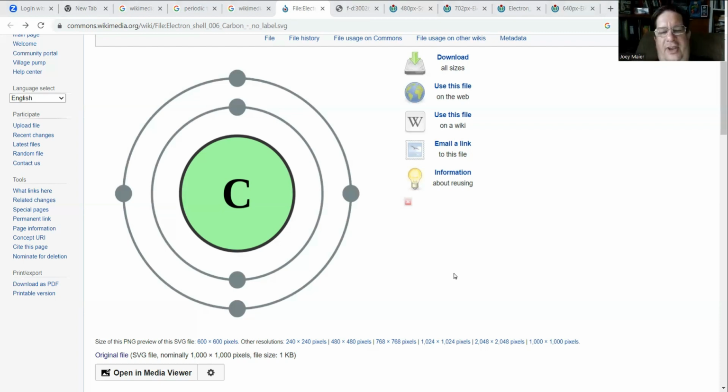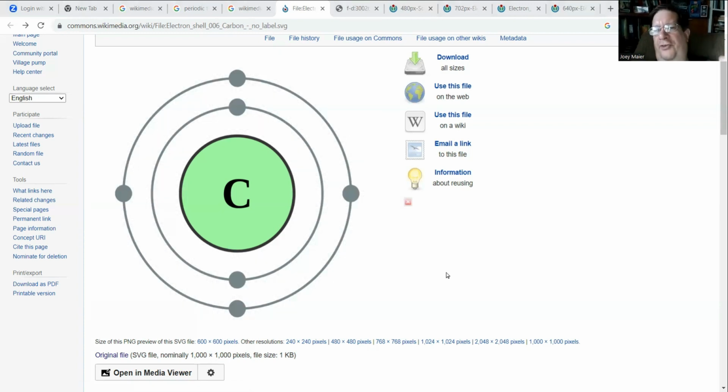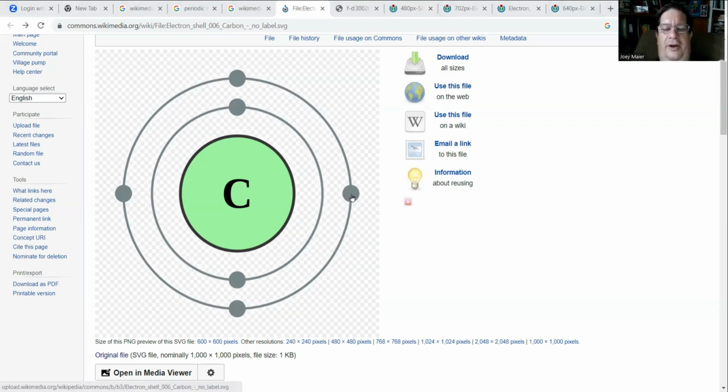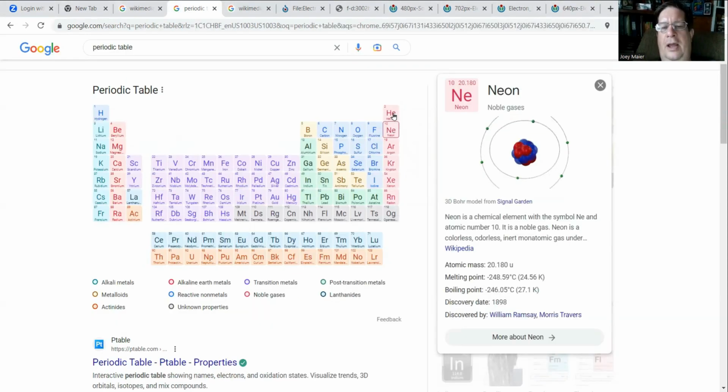You can see that this inner layer here has 2 electrons. Well, guess what? That layer is full. The outer layer here is 4. That's not full. The only reason I'm mentioning this is because atoms all are trying to achieve full or 8.